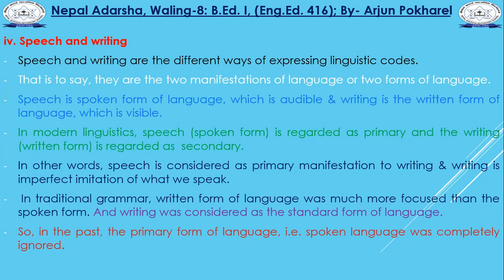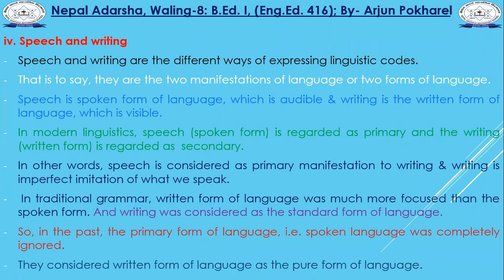They neglected the primary form of language, and they considered the written form as the pure form of language. The grammarians at that time considered the written form as the pure form of language. They did not focus on the spoken form of language.